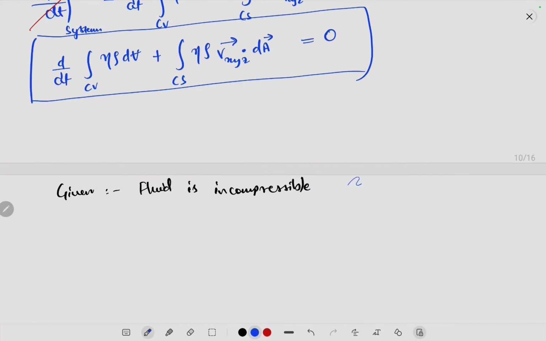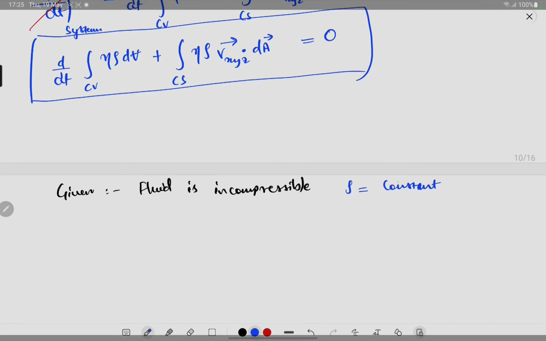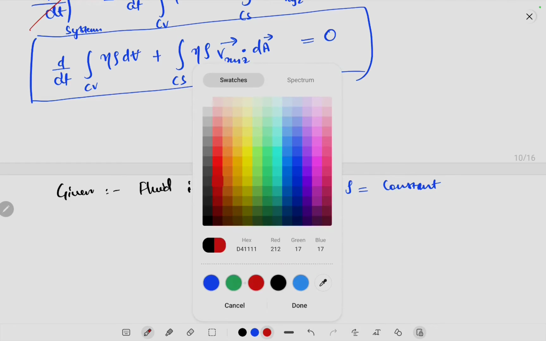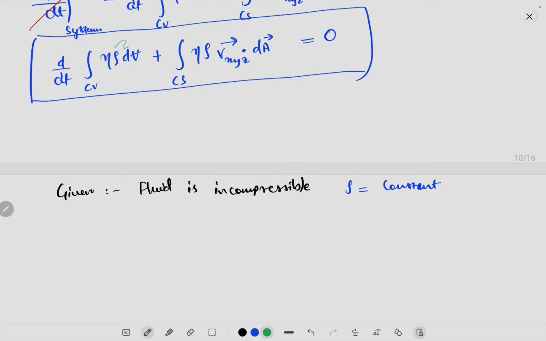It tells me that rho is a constant quantity. So if rho is a constant quantity, what I can do then is I can take it outside of the integral, right?